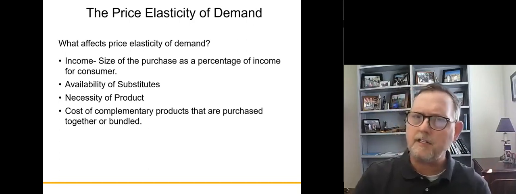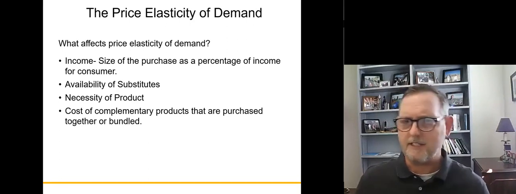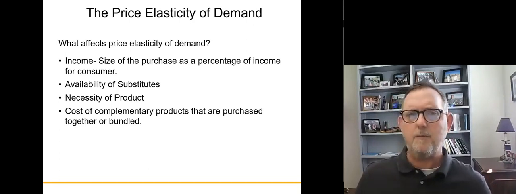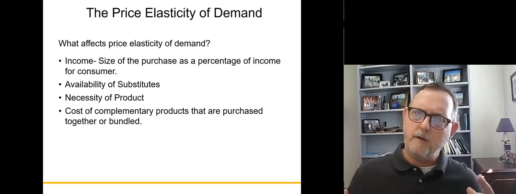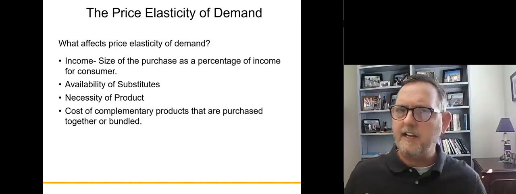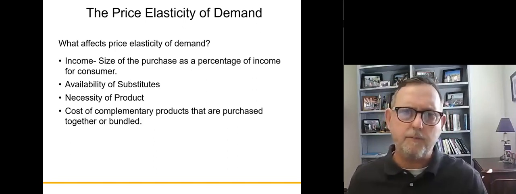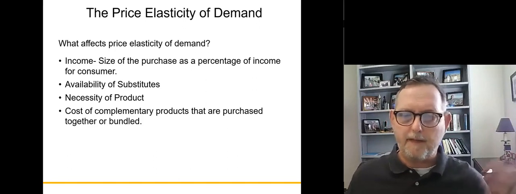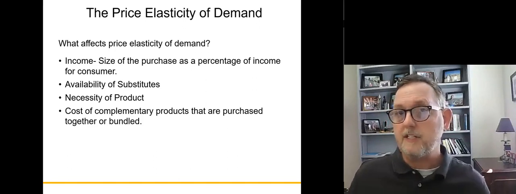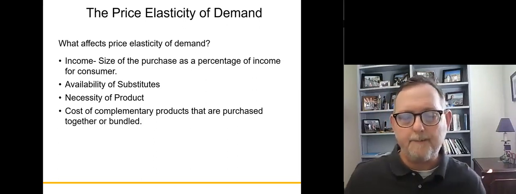Well, the fact that I'm buying the hot dogs means I'm still going to buy those buns. And so sometimes when we talk about bundling, we're talking about putting these sensitivities together and getting somebody to buy one product because they're buying another product. And it doesn't really matter what the bun price is. I'm still going to buy them because I bought the hot dogs, if that makes sense, right?